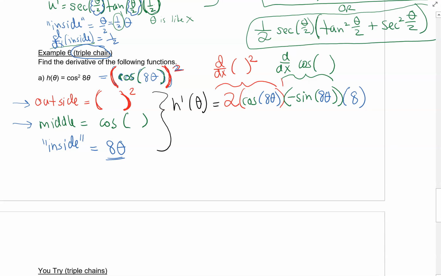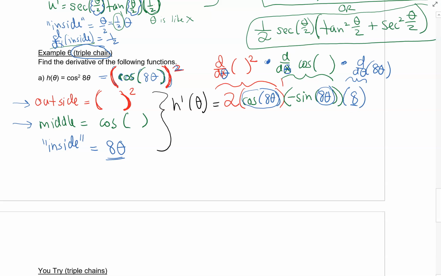And then this last part was the derivative of, actually I should say, theta, derivative of theta with respect to theta. This was the derivative of the very inside part, 8 theta. So you just basically keep multiplying by each derivative. They just all multiply together, and you keep the inside parts intact all the way throughout.